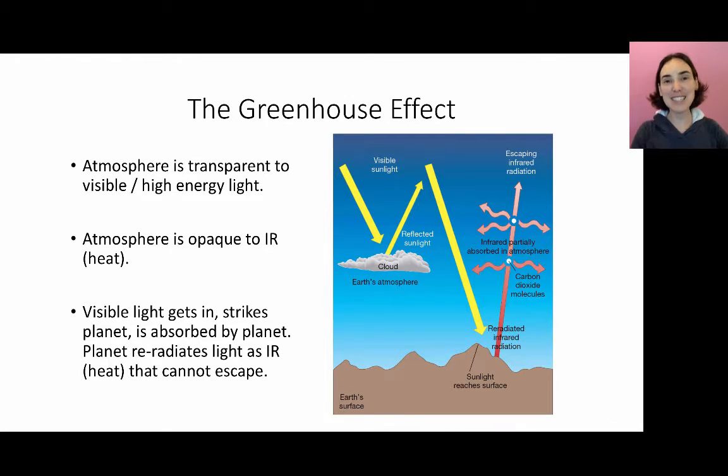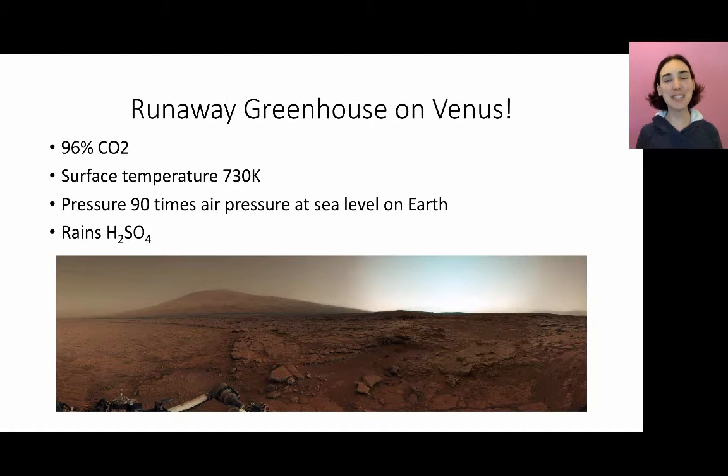But on Venus, it's gone beyond the point of being worried about it. Venus is, in fact, hell. It has a runaway greenhouse. Its atmosphere is composed of carbon dioxide, a very potent greenhouse gas, which traps heat inside it. Its surface temperature is hot enough to melt lead.